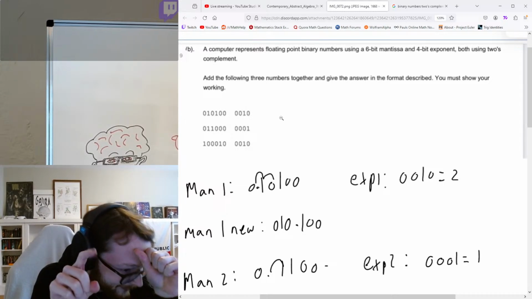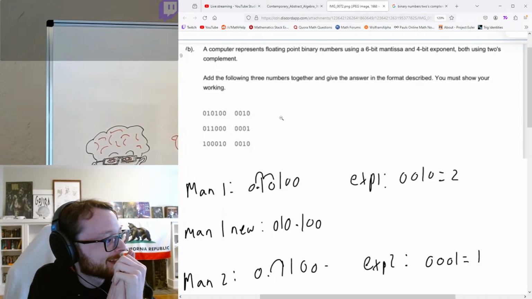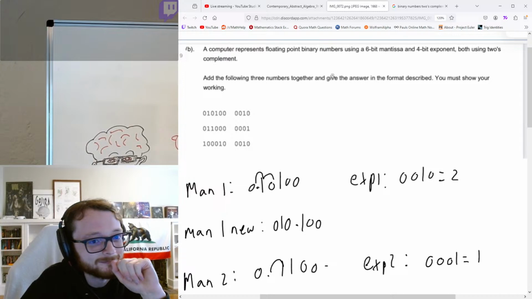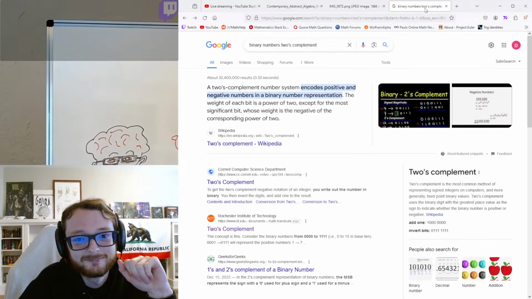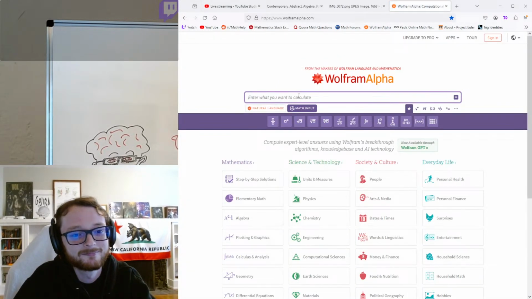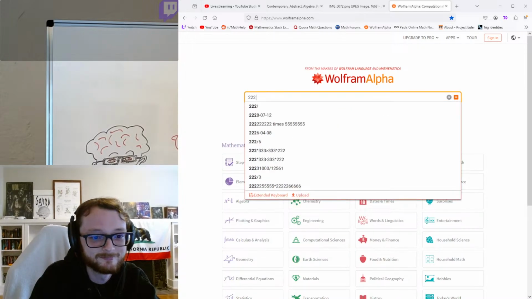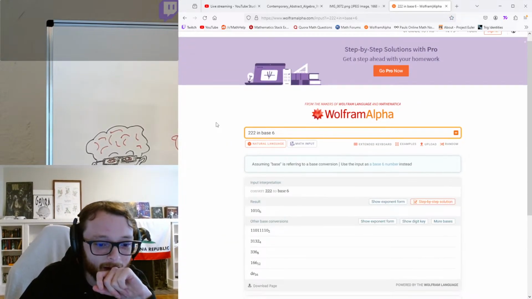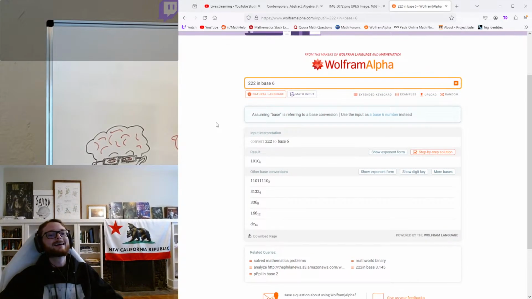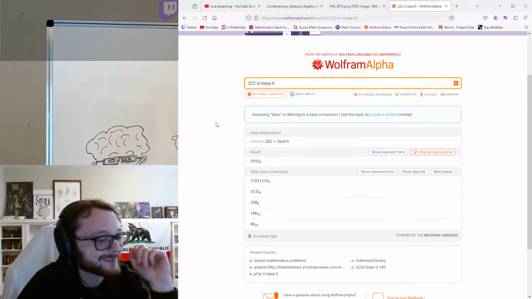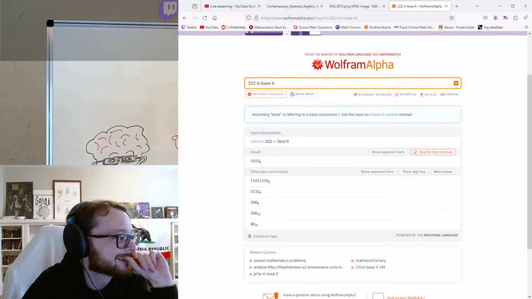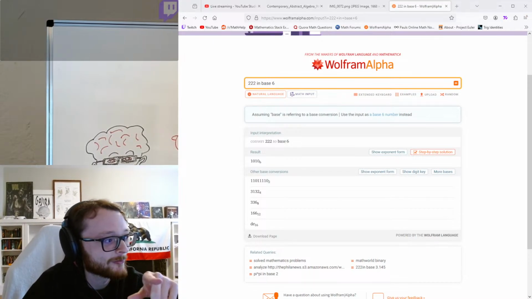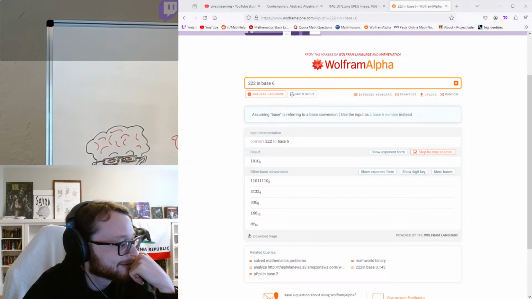Add 2, you get 216. So it's 101 in base 6, right? Oh, it's 1010. I forgot about the one place. Ah, all right. I was starting my number system from 6 to the 1 rather than 6 to the 0. All right, you get your points back.